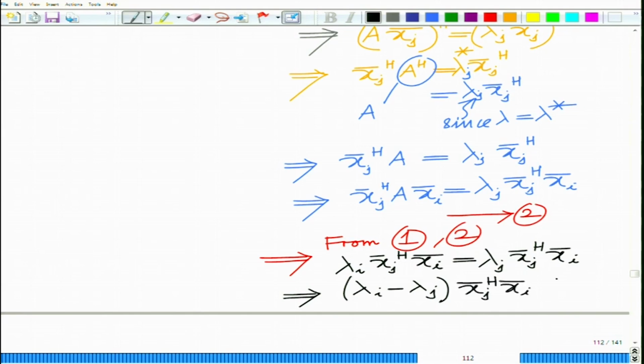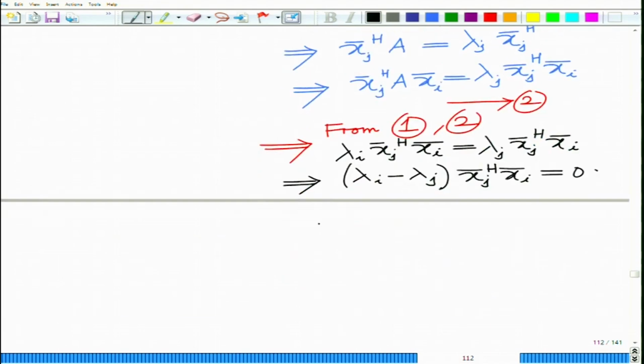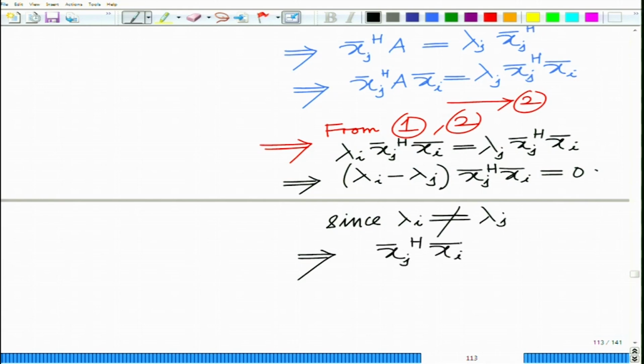xj bar Hermitian xi bar equals 0, and now since lambda i is not equal to lambda j, remember that is a key point, otherwise lambda i minus lambda j could be 0. So, this implies xj bar Hermitian xi bar equals 0.